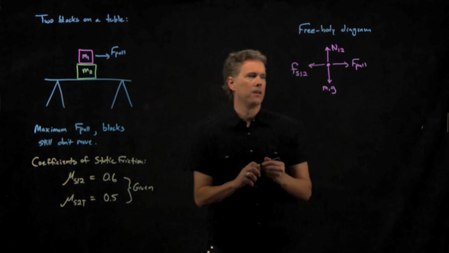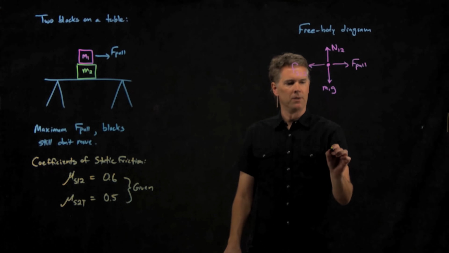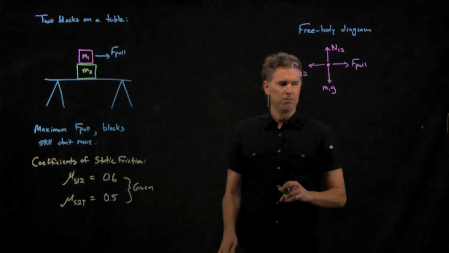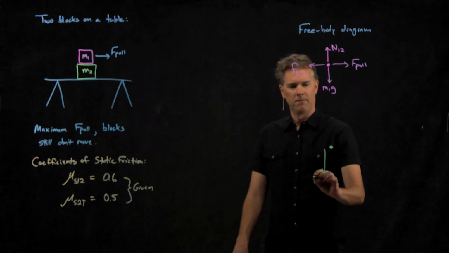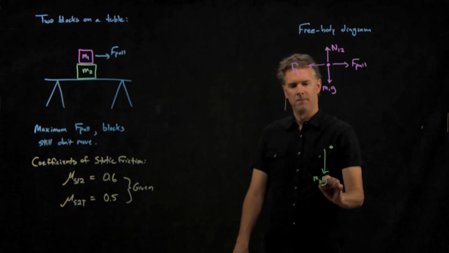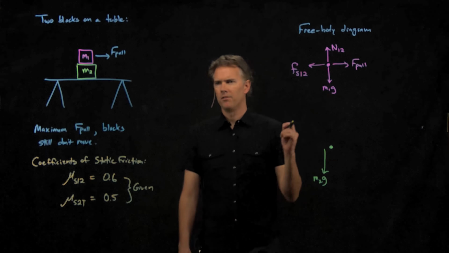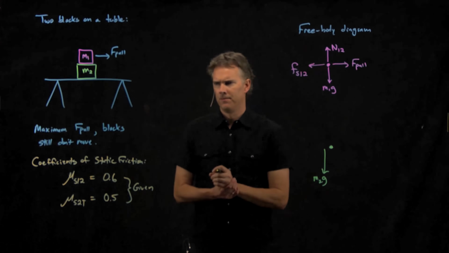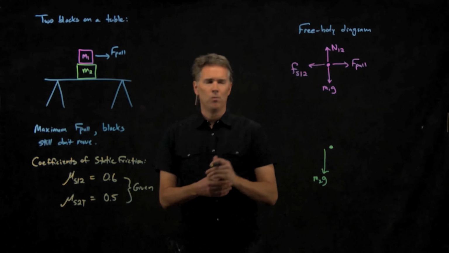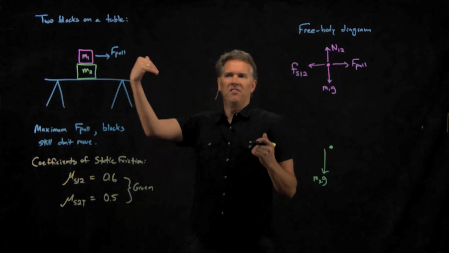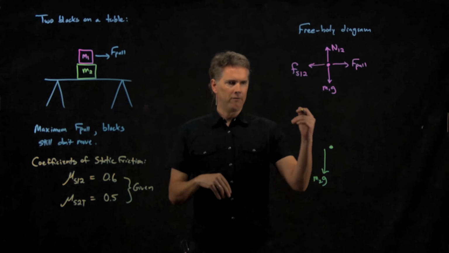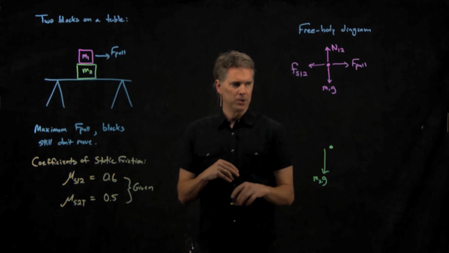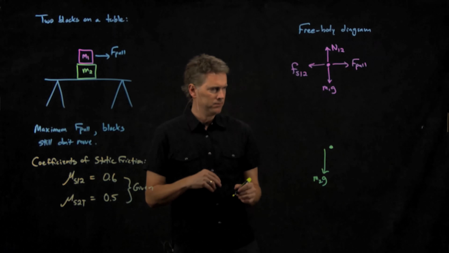Let's take a look at M2. M2, of course, has gravity. What else is acting on M2? Okay. M1 is acting on M2. M1 is sitting on M2. So what is the force that I need to put on this picture? What should I label it?